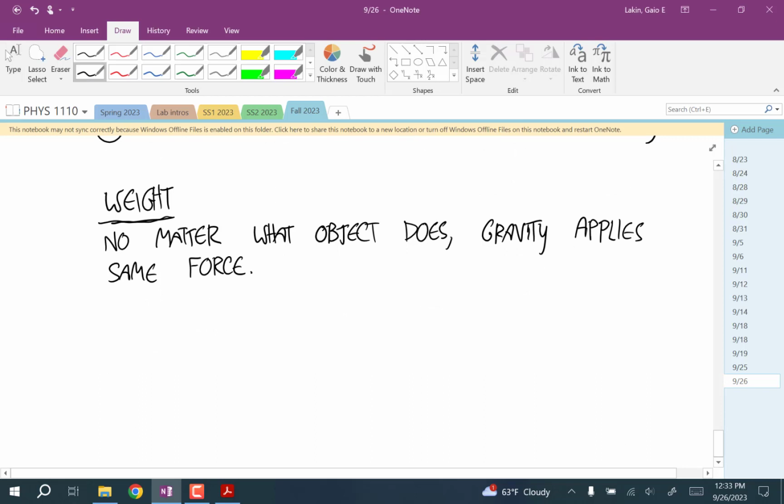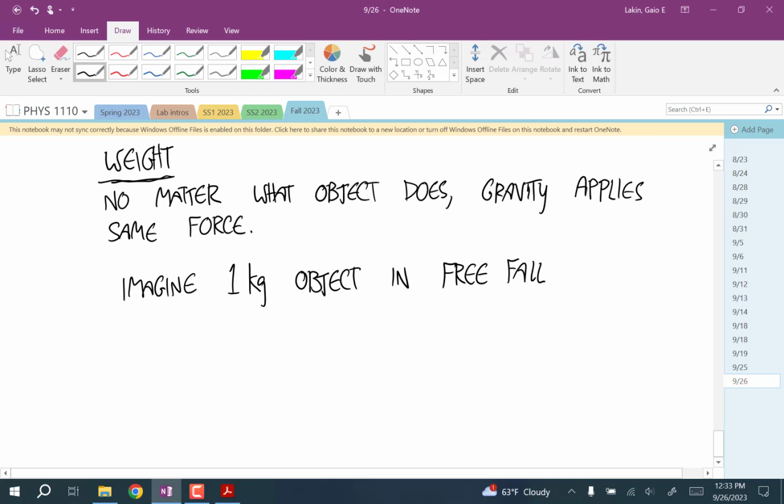So imagine a 1 kilogram object in free fall. What are we going to take advantage of for an object that's in free fall? There are two things that are useful. One is we know the acceleration. And the second is there's only one force acting because it's not touching anything.